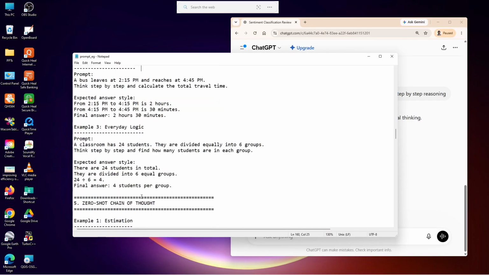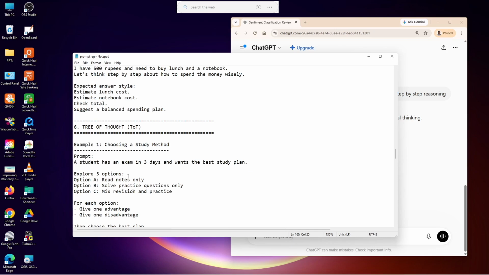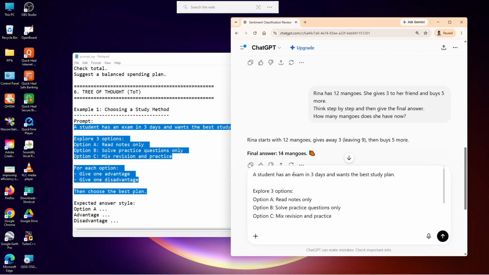Suppose this is zero shot, I will give you a tree of thought example here, where the prompt is this: a student has an exam in 3 days and wants the best study plan.